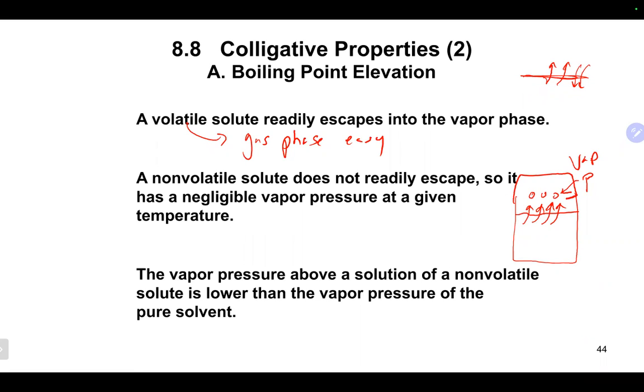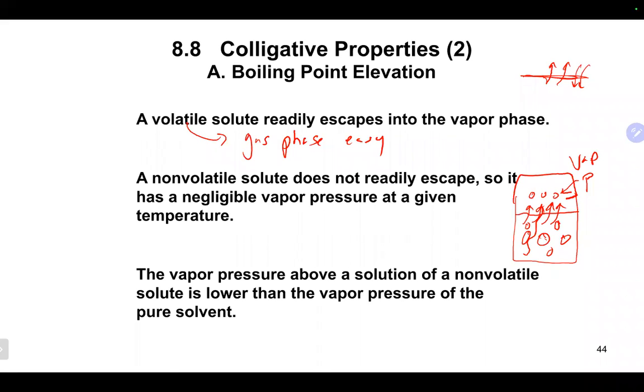So what happens in terms of having more particles dissolved in this solution is, once again, they get in the way of the solvent molecules being able to escape to the surface. So less of the solvent molecules can escape to the surface, which means you have fewer gas molecules above the liquid.